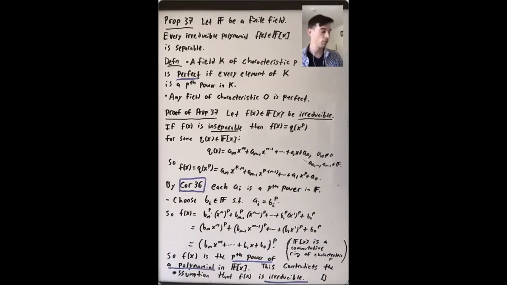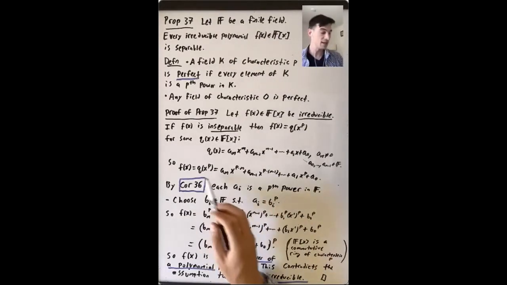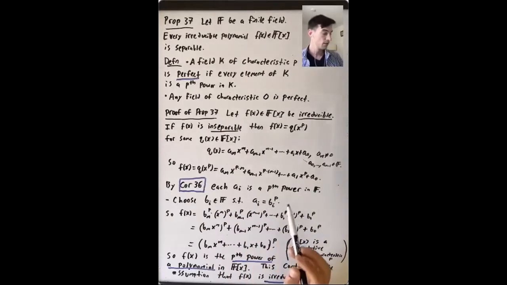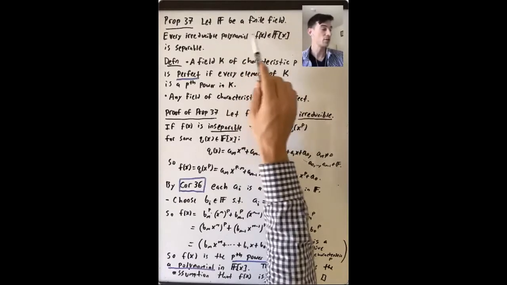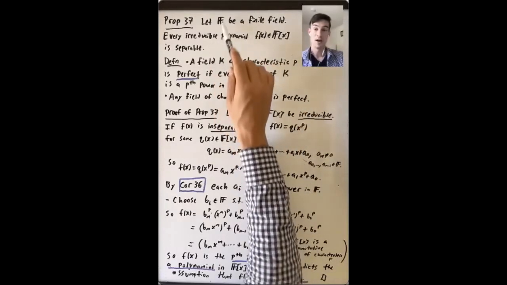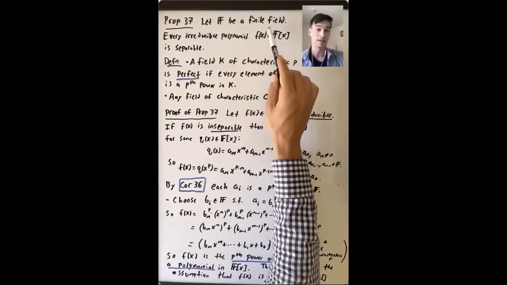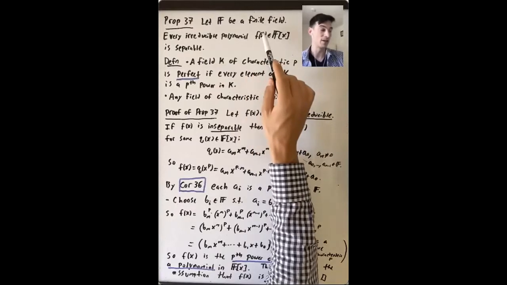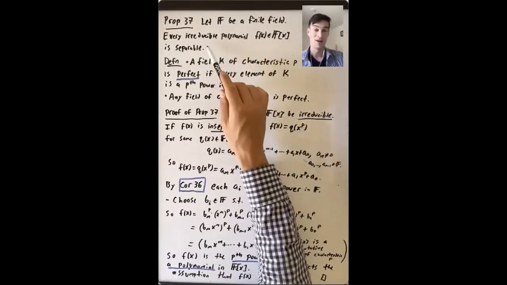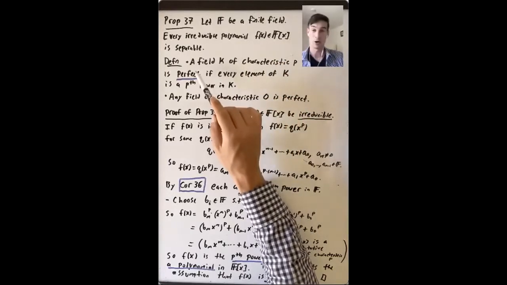But if you think about what really happened in this argument, the key thing that we used was that every element in F was a pth power in F. So pretty much for free, the exact same argument carries over, not just to show that every irreducible polynomial in F[x] is separable when F is a finite field, but to show more generally that every irreducible polynomial in F[x] is separable when F is a perfect field.